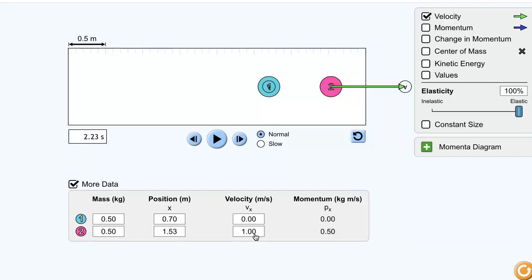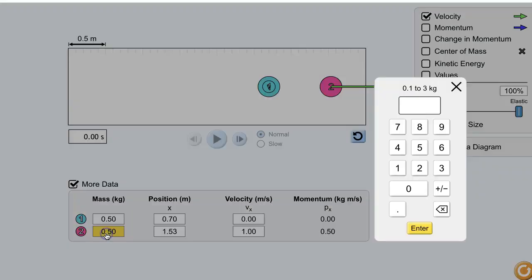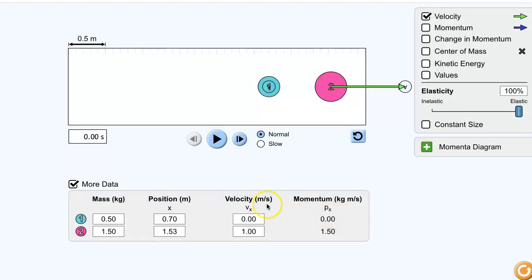You're going to go over different situations. For example, let me change this one to be 1.5, like this is the lighter impactor.